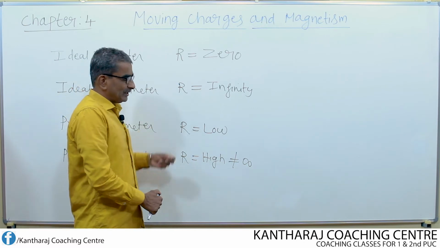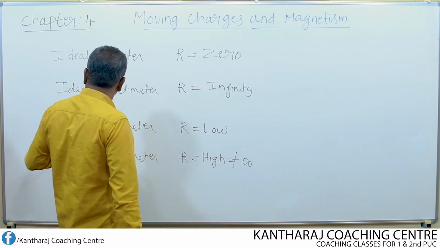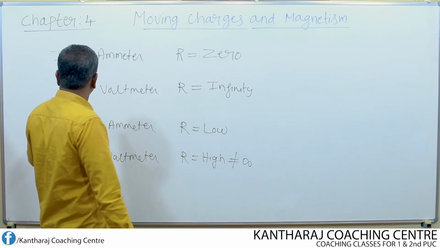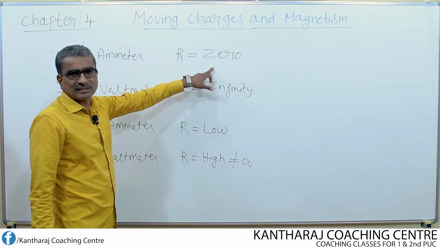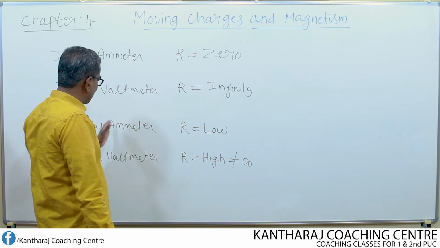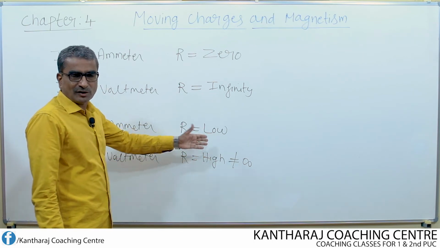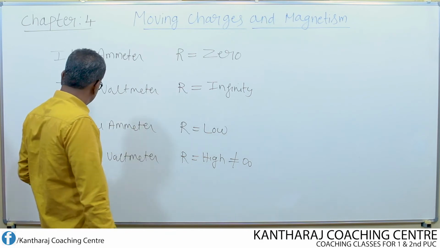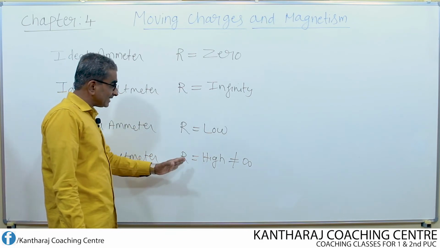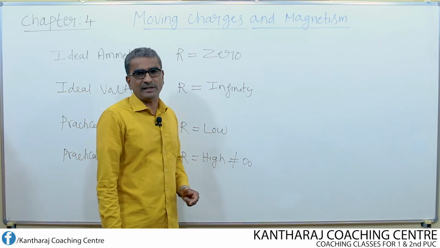So if there is a question for 1 mark, what is meant by practical ammeter or ideal ammeter, you can say like this: ideal ammeter is one which has 0 resistance, practical ammeter is one which has low resistance. Similarly, ideal voltmeter has infinite resistance, whereas practical voltmeter has high resistance but not equal to infinity.